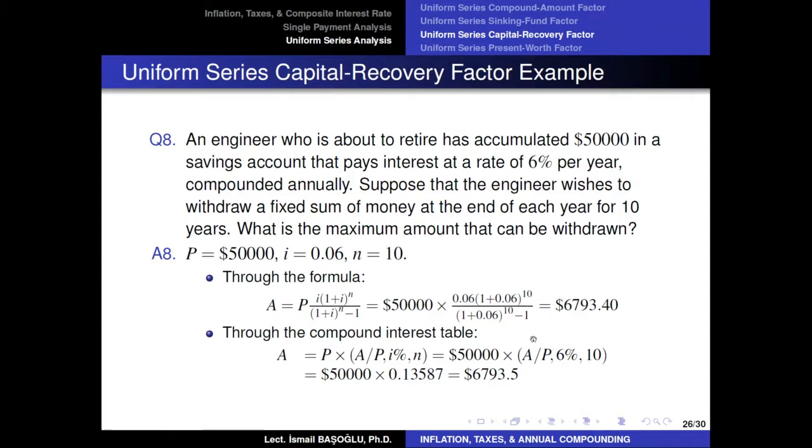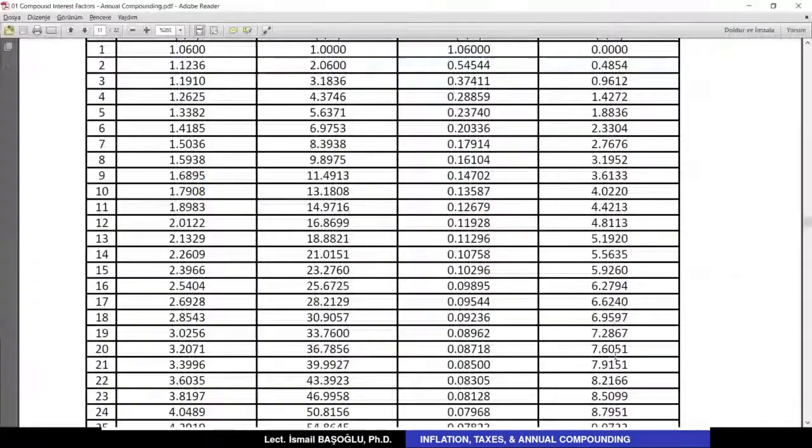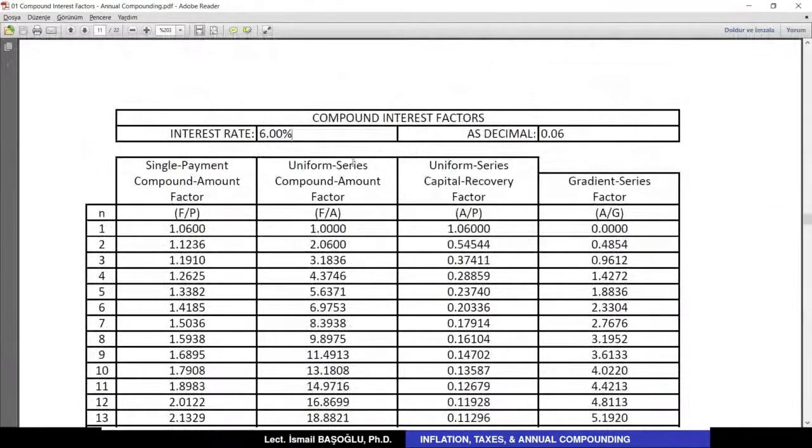And what we are going to do is search for this value from our table. If you go back to our compound interest factors table, we are at the page of 6%. And the third column corresponds to uniform series capital recovery factor.